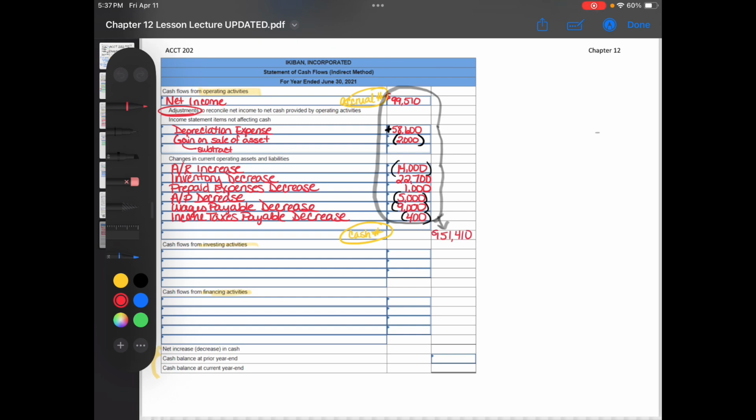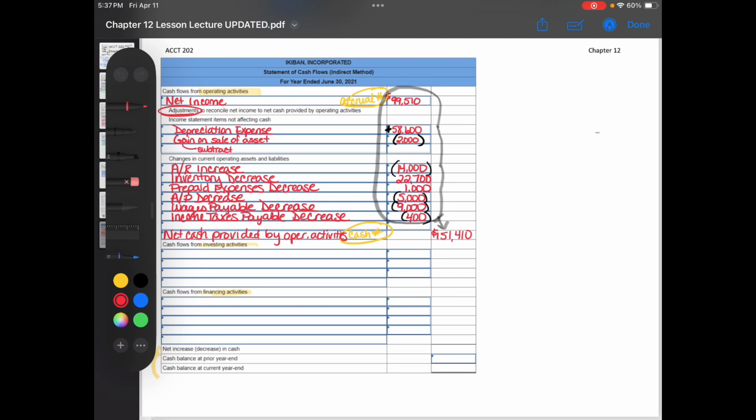That number represents, since it's positive, net cash provided by operating activities. So we were able to take that accrual-based number, make those adjustments, and change it into a cash-based number. And that is so important for our problem.